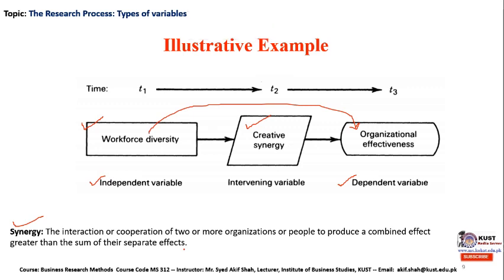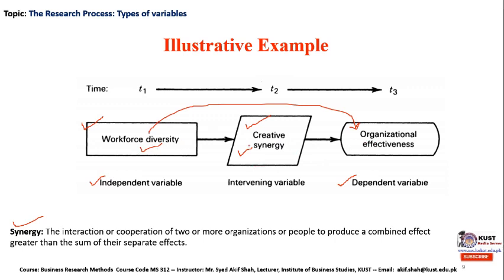Another way around, we can say that synergy means combining hands with each other, making good teams picked up from the diversified workforce environment, to make a good synergy or good combined team impact, and this will lead towards organizational effectiveness.